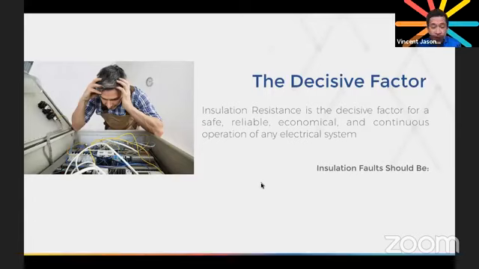So I guess everyone will agree with me that insulation resistance is the decisive factor for a safe, reliable, economical, and continuous operation of any electrical system. Now, whenever we have insulation faults, whether on a grounded system or an ungrounded system, the first challenge is to actually detect it.